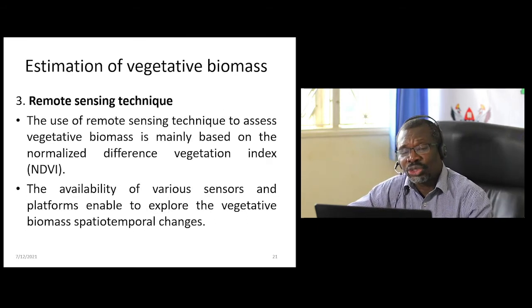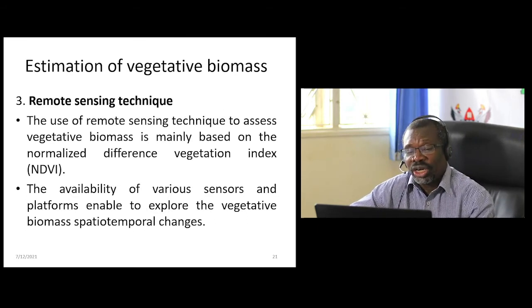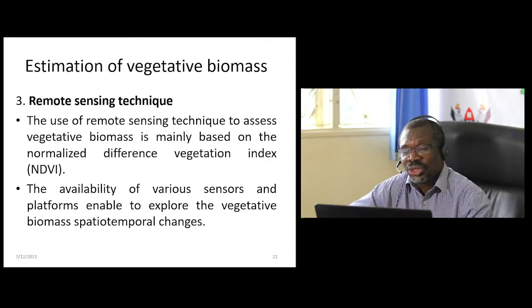The other approach is basically remote sensing. Vegetation indicators in remote sensing are known, and one of them is the normalized difference vegetation index.